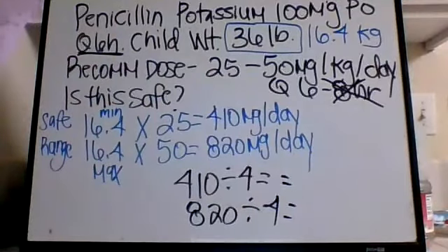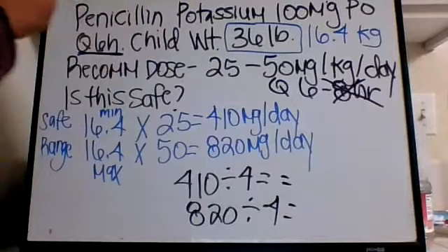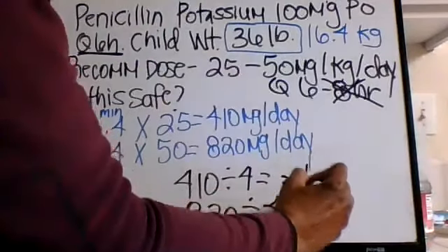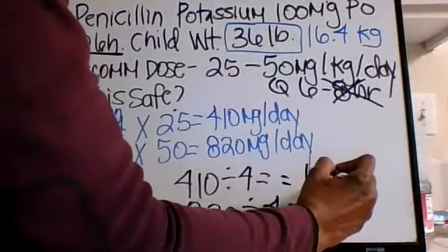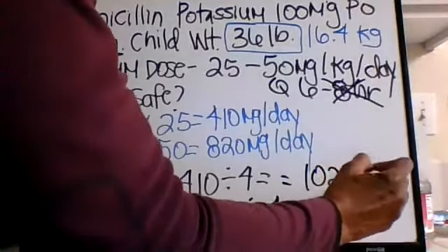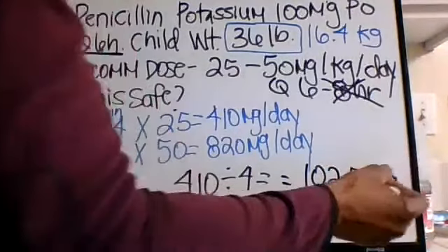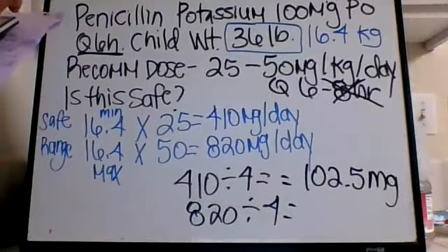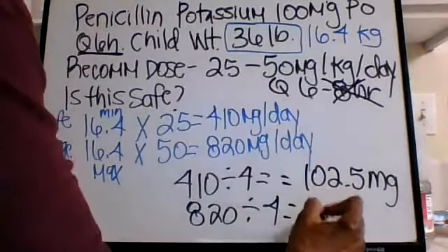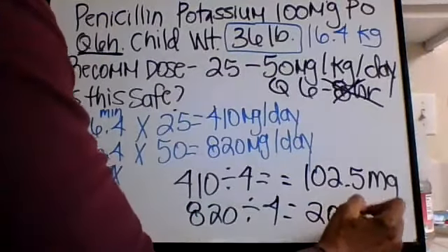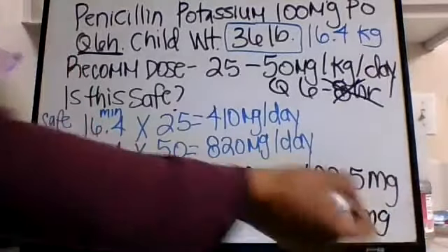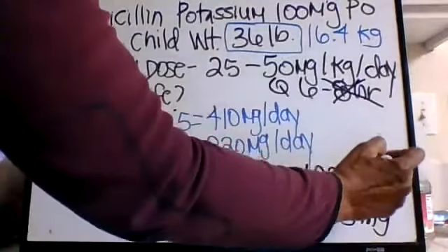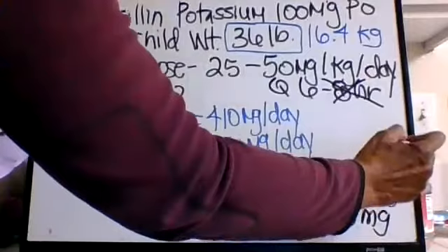Sorry, I didn't work that part out. 410 divided by 4 gives us 102.5 milligram dose, right? And then the 820 divided by 4 gives us 205 milligram dose per dose, right?